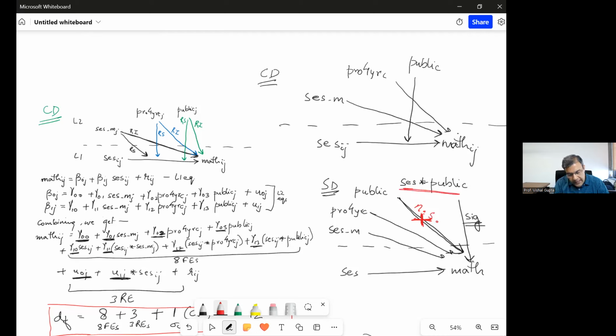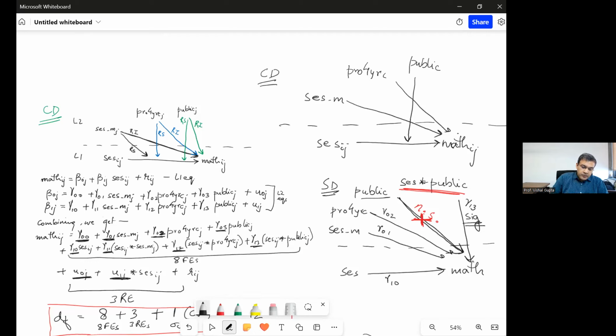However, this interaction term, we are seeing there is a significant effect, right? So this is your gamma 1 0, this is your gamma 0 1, this is your gamma 0 2, and this is your gamma 1 3, associated with public.